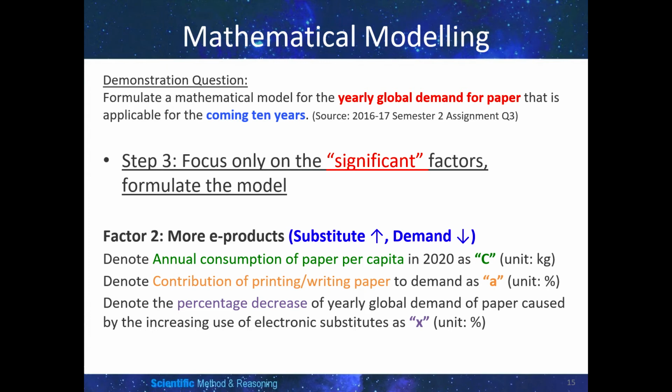Denote the percentage decrease of yearly global demand of paper, and this is caused by the increasing use of electronic substitutes as X%. So this percentage decrease will only affect the annual consumption of printing or writing paper per capita, okay? Because you can only substitute printing or writing paper by E products.